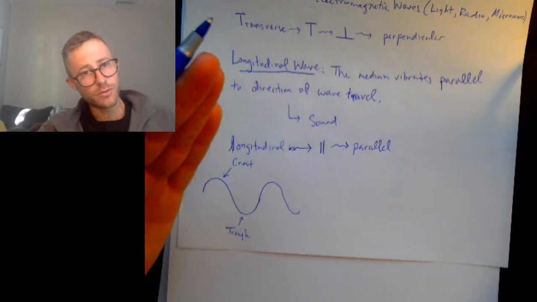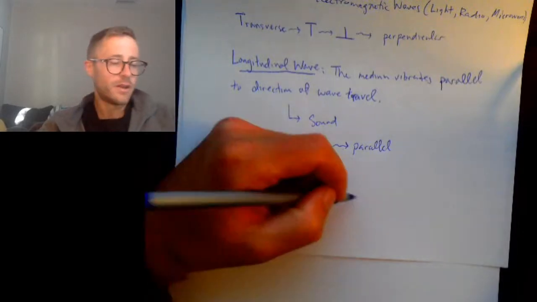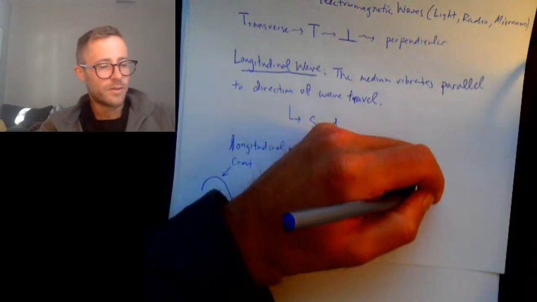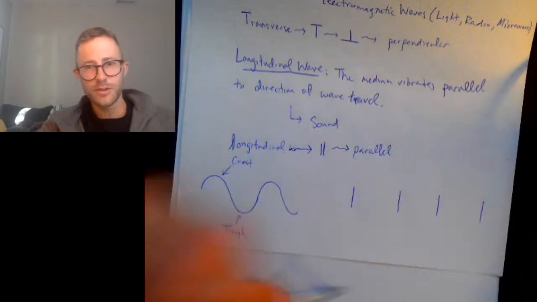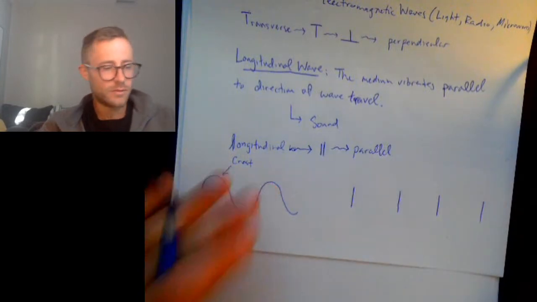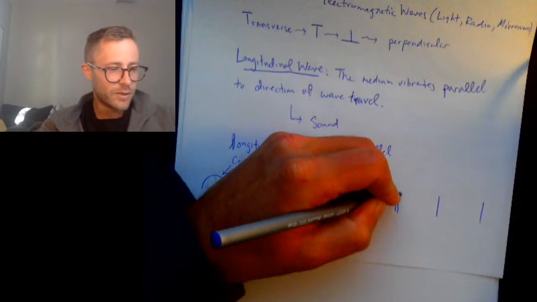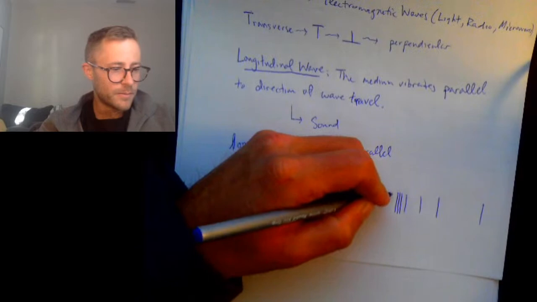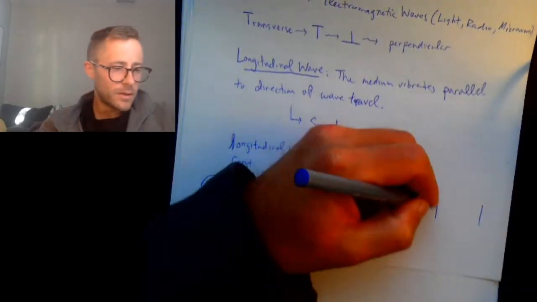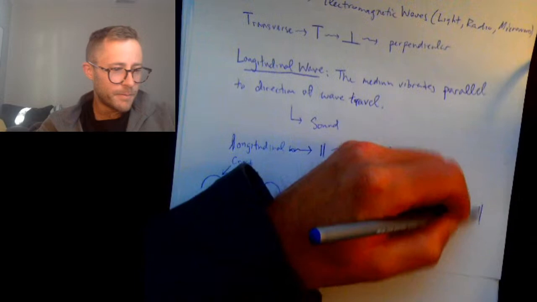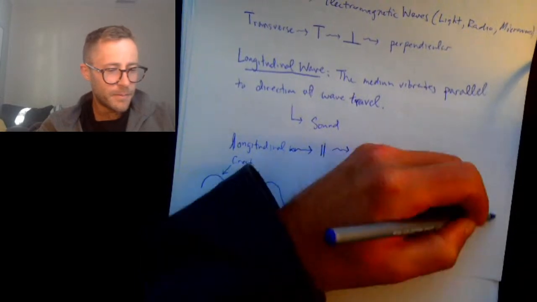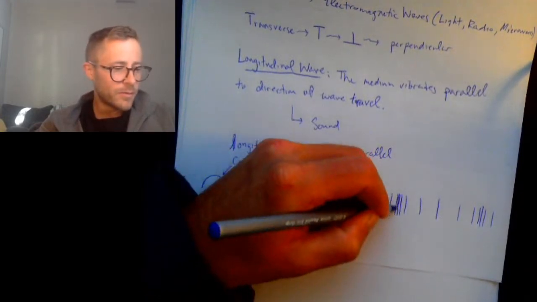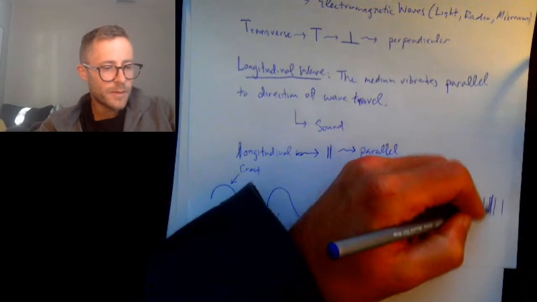We can also draw a longitudinal wave. When I draw longitudinal waves, what I like to do is draw them as vertical lines. So you have maybe some more here, here.